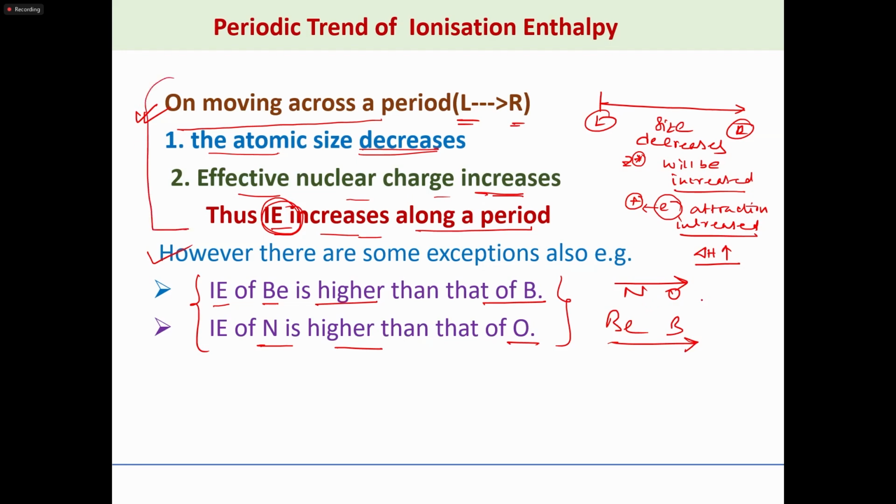According to that rule, oxygen should have the higher ionization enthalpy than nitrogen, but for nitrogen the value is higher than oxygen, and likewise beryllium is higher. So this is the exceptional case, but the answer will be discussed later, at the end of this class.